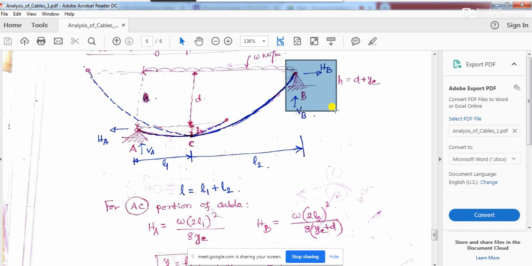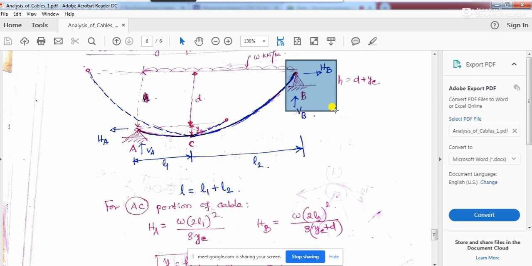So if you think about how many unknown components you now have, you have unknown VA, unknown VB, and unknown HA and HB, which are basically equal. So HA equals HB equals H. So you have three unknown components, right?